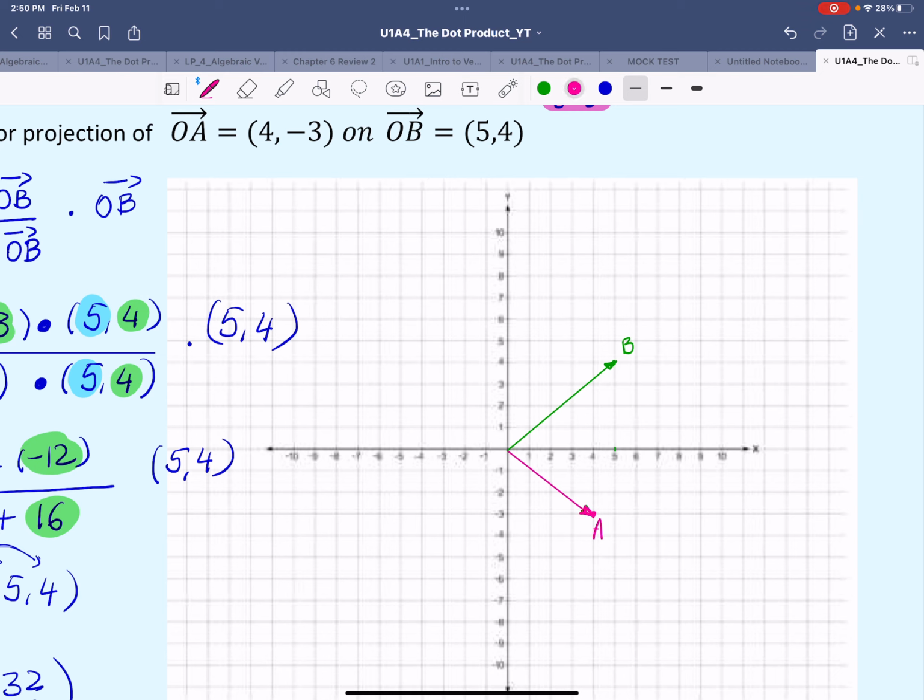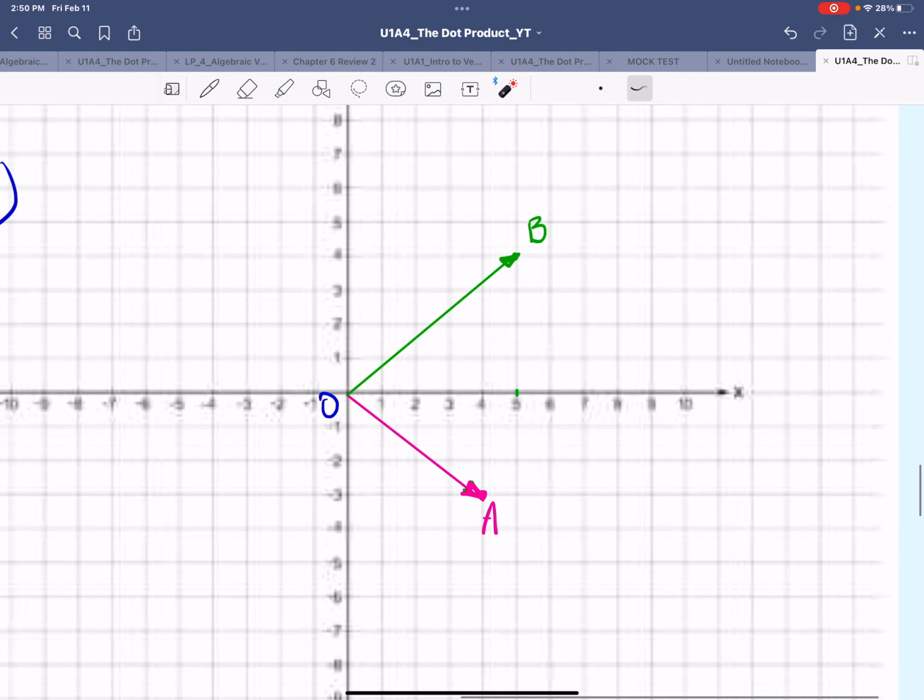Okay. Now, I want you to imagine that we're trying to draw the projection of vector OA onto OB. I'm sorry the grid is not very clear, because these are PDF documents and they don't look very good on GoodNotes when you have pictures PDF'd. The projection of OA onto OB is drawn by dropping a perpendicular from A onto OB.